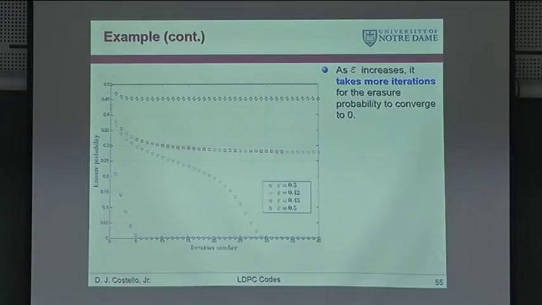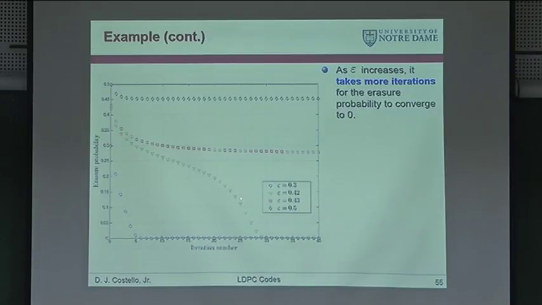But this is iterative decoding, so let's see. This is the erasure probability, and this is iterations. And these are the numbers we just calculated. We started out at 0.3, and we went down here, and after 7 iterations we were essentially at 0. Now, if we raise it to 0.42, we get these numbers.